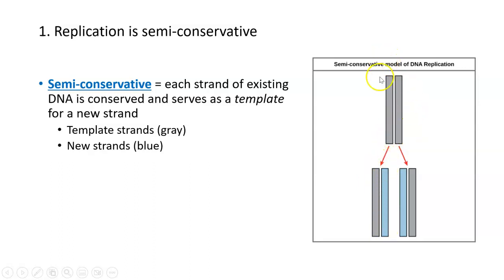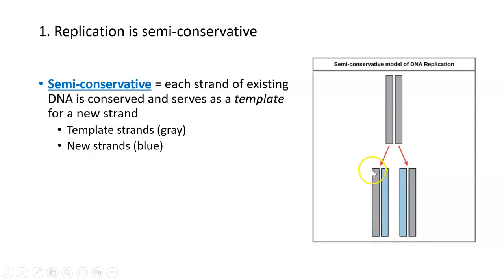And so an old strand of DNA is split up into two individual strands. You can see those two gray strands here. And those strands are reused in new DNA molecules. And they're used to create these new strands in blue by acting as a template.